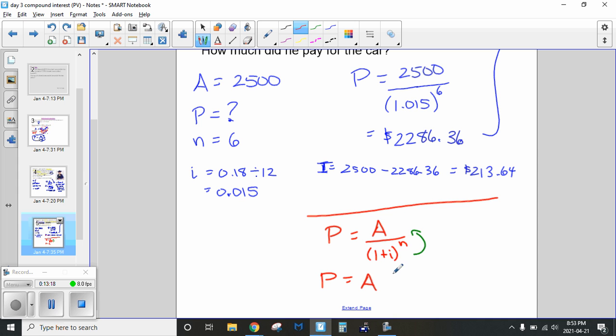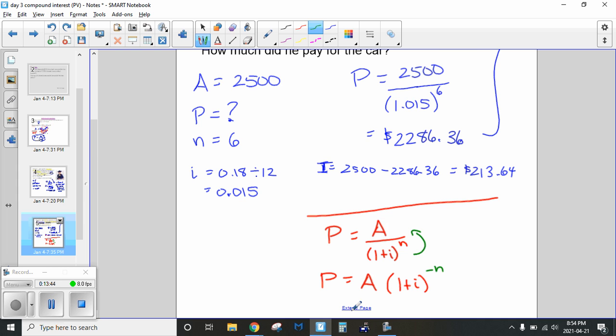Okay, so that's going to become 1 plus i to the exponent negative n. So a little bit weird, but we did do these exponent laws with the negative exponents. If we saw a negative exponent, we could take the reciprocal of that, which pushed it into the denominator. So we're undoing that and giving this a negative exponent now.